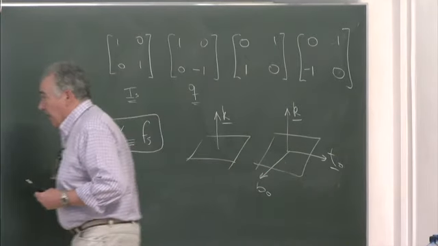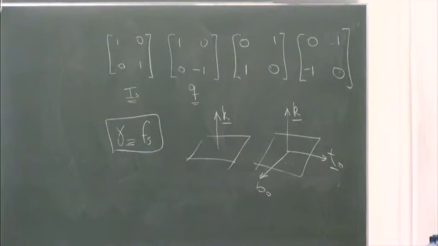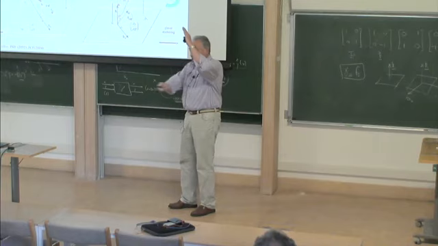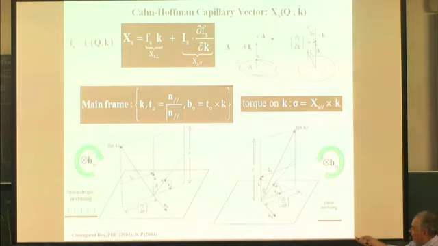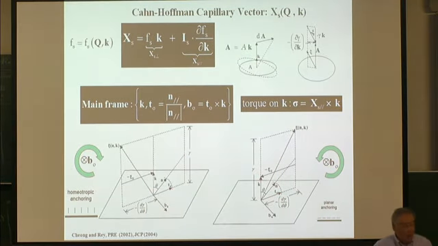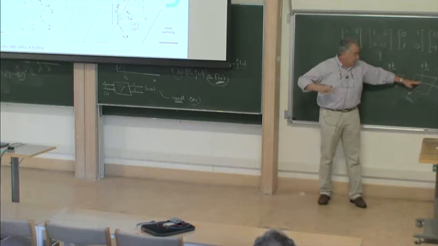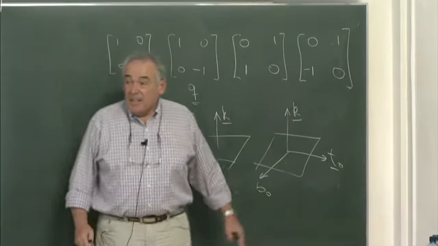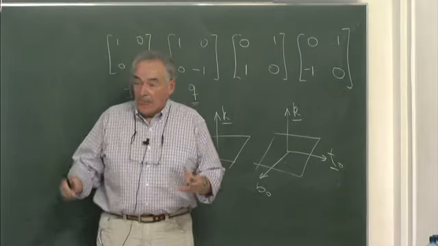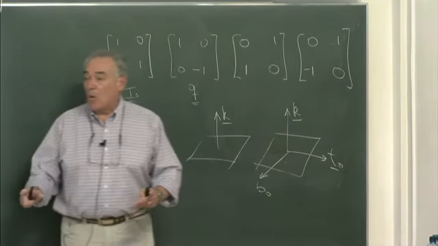You have a tangential vector T, which is the projection of the director on the surface. It's a unit vector that is the projection of the director orientation on the surface. And B is the torque axis. B is the cross product of K and T0.